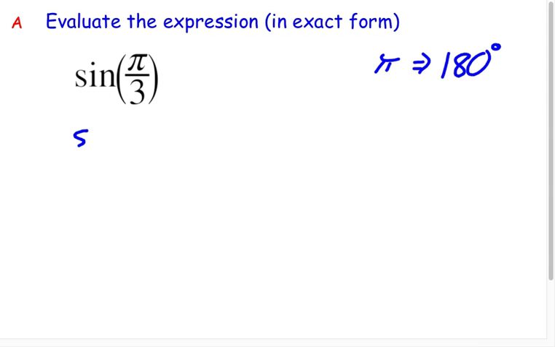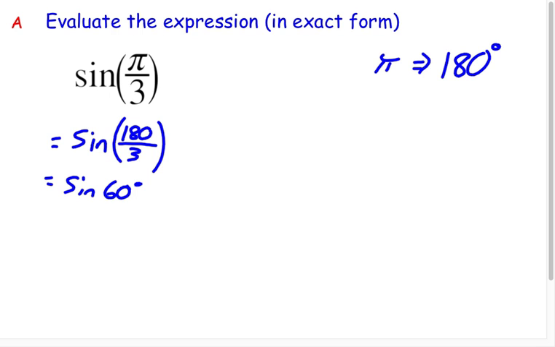So when they ask what's sine of pi over 3, it's kind of like saying in terms of degrees, 180 over 3, or the same thing as sine of 60 degrees. So this question's asking me what the sine of 60 is.